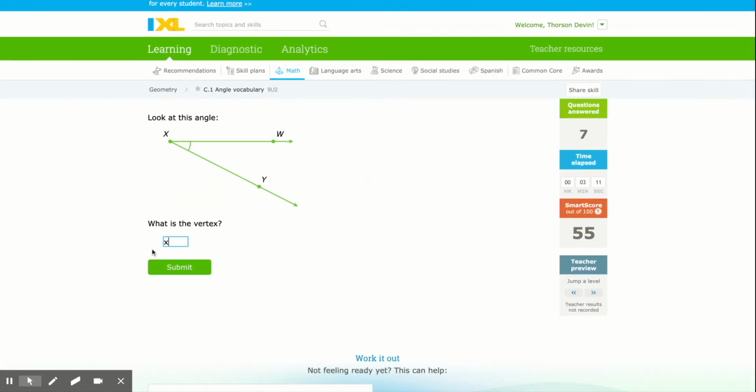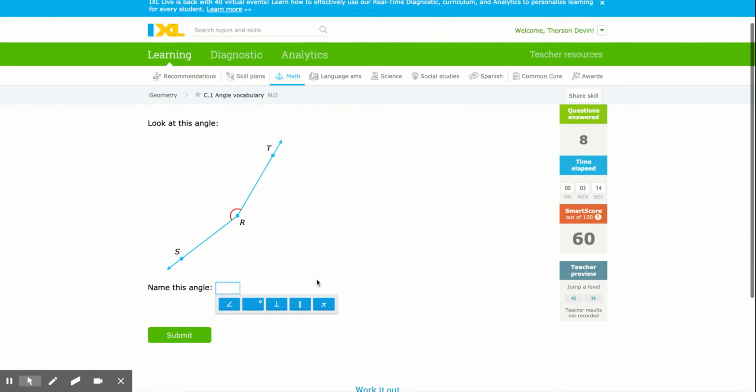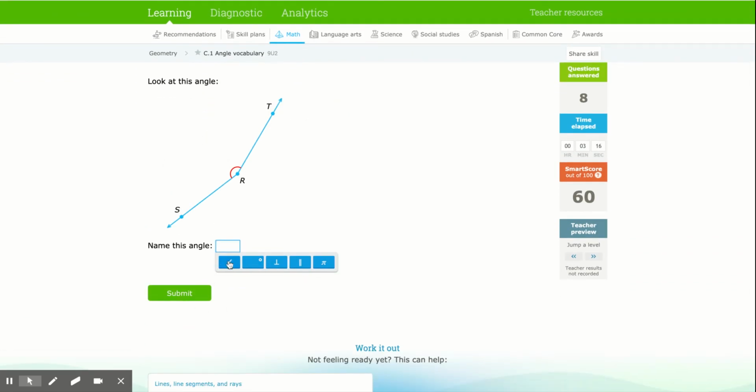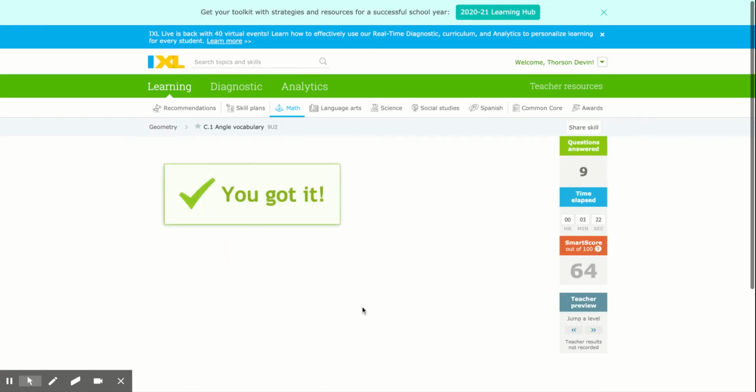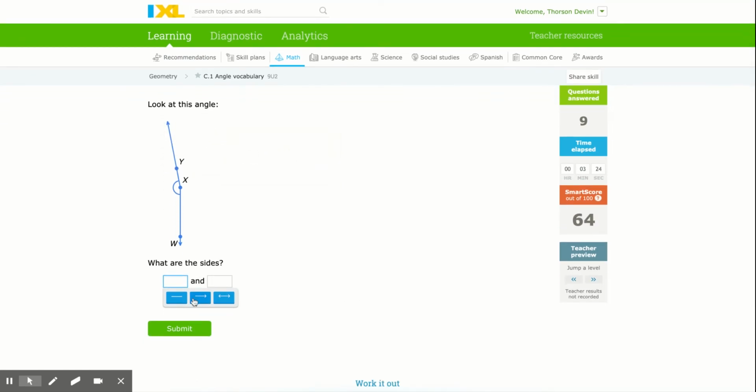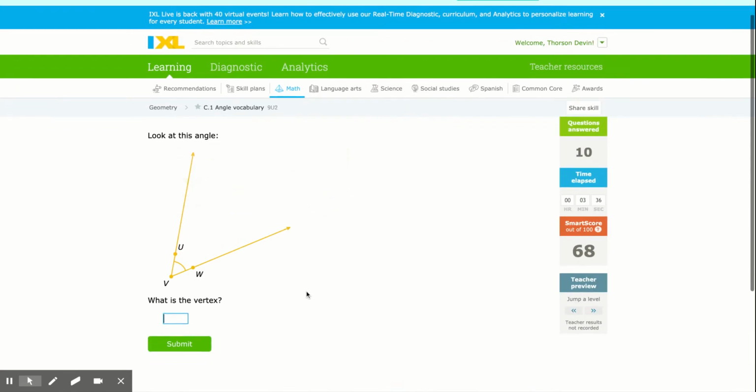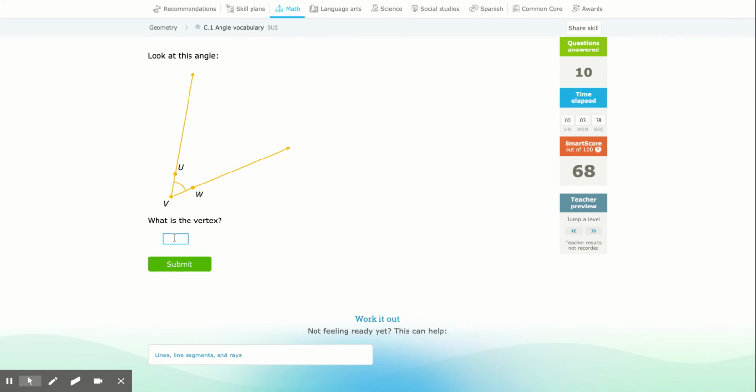What's the vertex? X. Name this angle. Angle SRT. It would have been fine to do TRS. What are the sides? We're going to do rays in both of them. So I put the rays in first, and we start at the vertex X and go out through Y, and start at the vertex X and go out through W. What is the vertex?